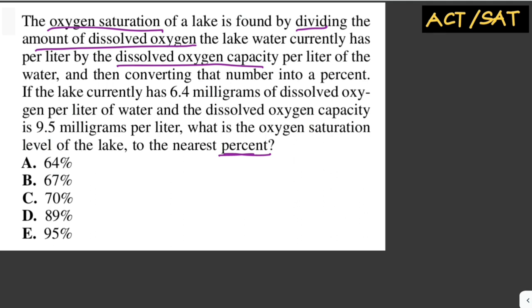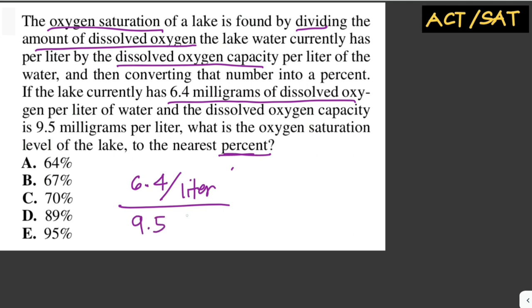Now we're given 6.4 milligrams per liter of dissolved oxygen. So we divide that by the dissolved oxygen capacity, which is 9.5 milligrams per liter.